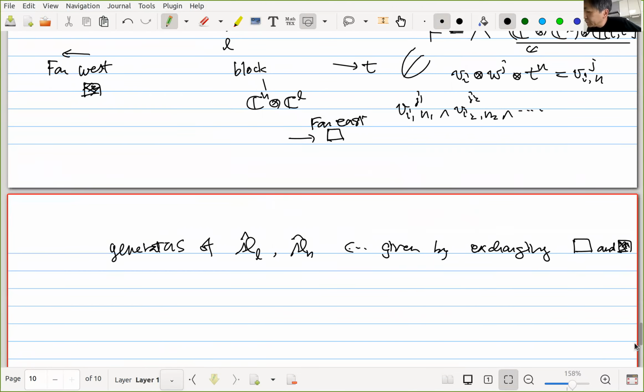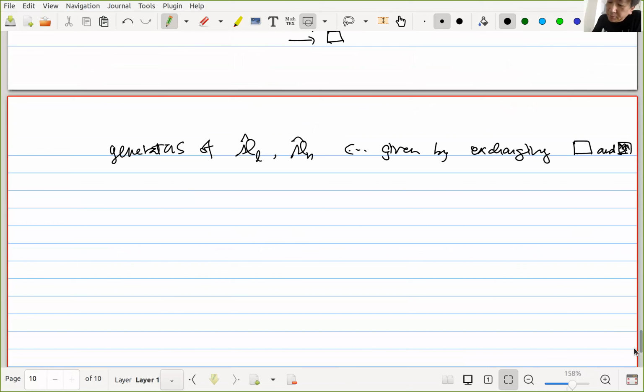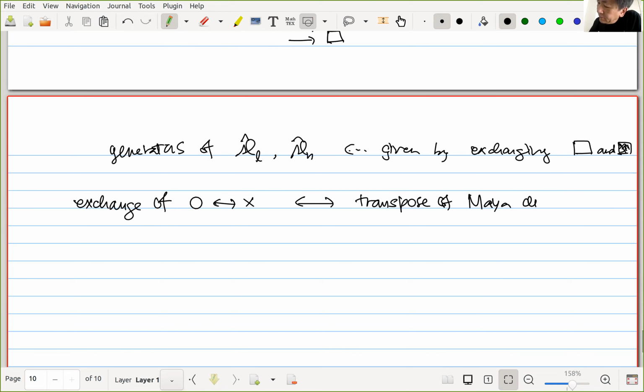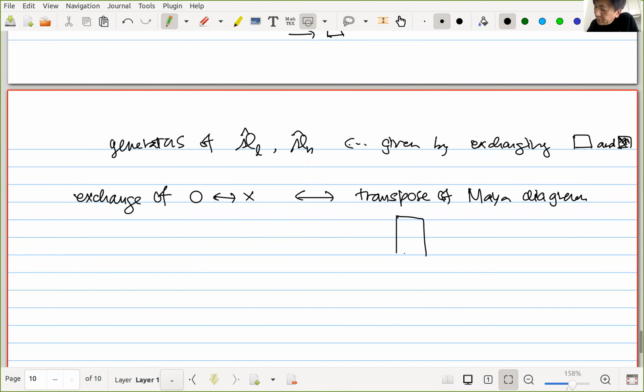And from this description, under this exchange of circles and crosses, corresponding to the transpose of my diagram, I have this L and N like this.